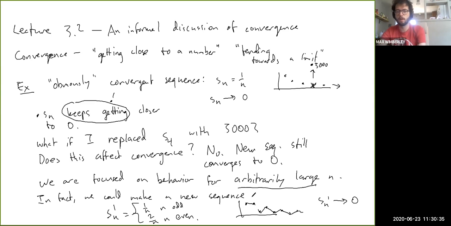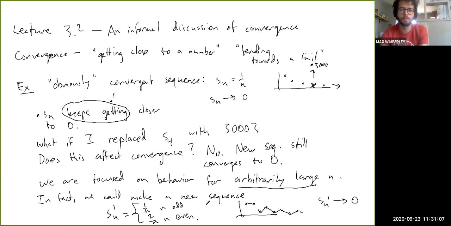So the idea of consistently making progress towards the limit is not really the right concept to use, because we want to consider certain sequences which maybe keep backtracking every once in a while. No matter how far out you go, they just keep backtracking a little bit, but they still end up getting squished and getting arbitrarily close to their limiting value, right? So we still want to consider those sequences to converge.